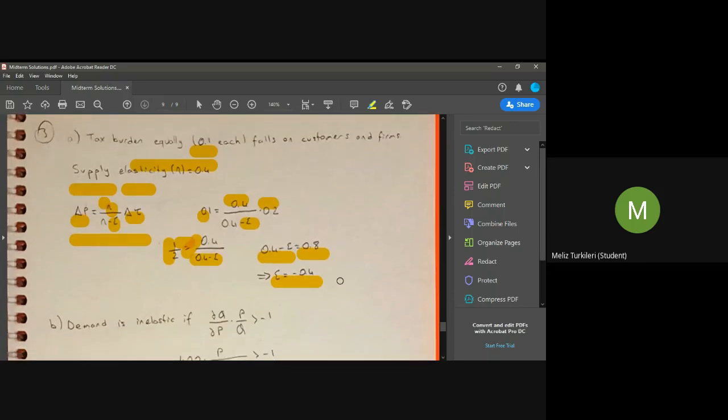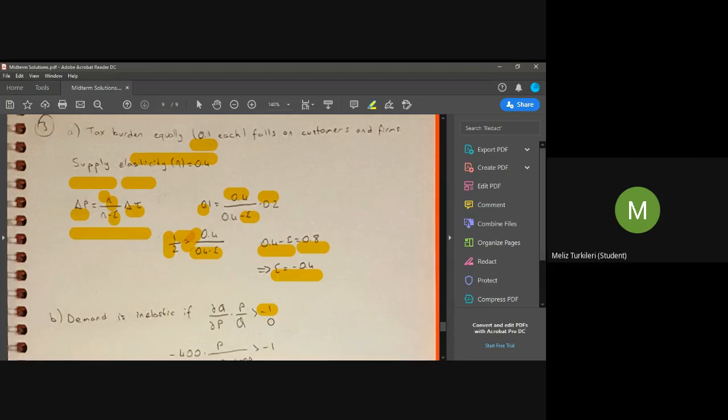When the demand is inelastic, you need to know that information from your classes. If the demand elasticity is higher than -1, we can argue that this demand is inelastic. It means that even if the price changes, our demand is not going to change.